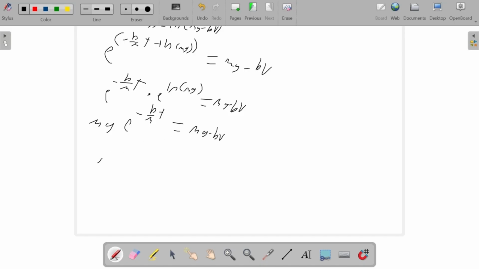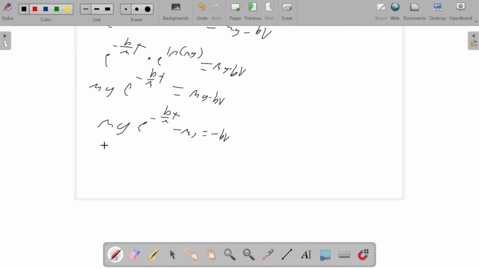Subtract mg from both sides, so we get mg e to the minus b over m t minus mg equals minus bv. What we're going to do is factor out minus mg from here.